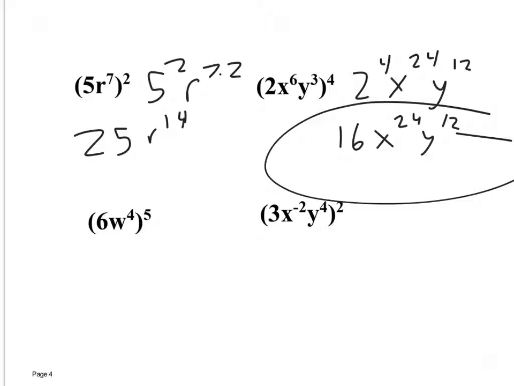One thing I noticed: people like to raise 6 to the 4th power. Is 6 being raised to the 4th power? No. If 6 was being raised to the 4th power, there'd be a 4 behind that 6. Is there a 4 behind the 6? No, don't do that. Several students last hour did that. If you were raising 6 to the 4th power, you would have parentheses there.